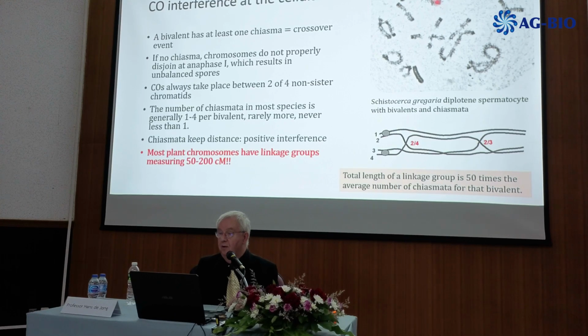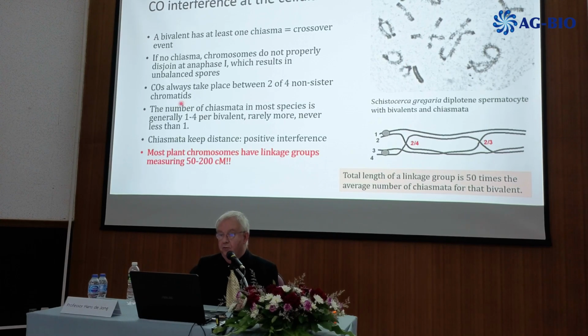Here you see a bivalent with 5 chiasmata. Here a bivalent with 2 chiasmata. You see that they all have at least 1 chiasma. That is important. Longer chromosomes have more chiasmata, and they always keep each other at a distance.